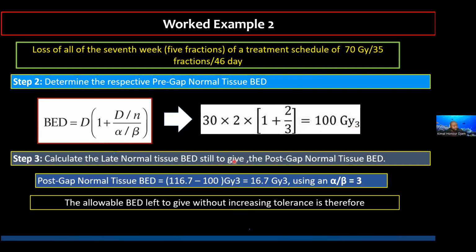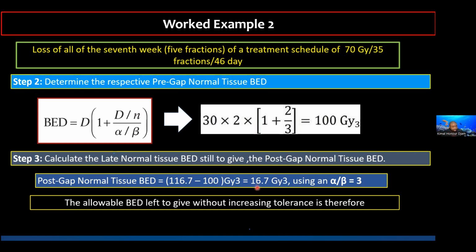Now the difference between step 1 and step 2 is what we call the post-gap normal tissue biological effective dose that still needs to be given in order for us to maintain the same original intent of the physician.